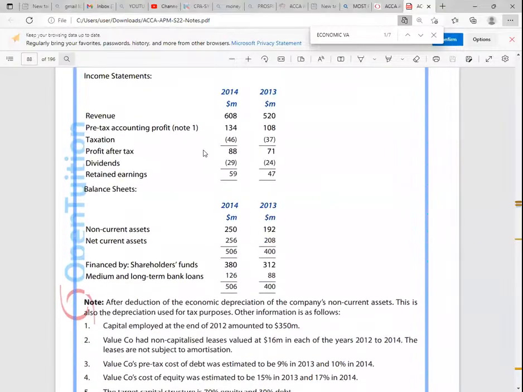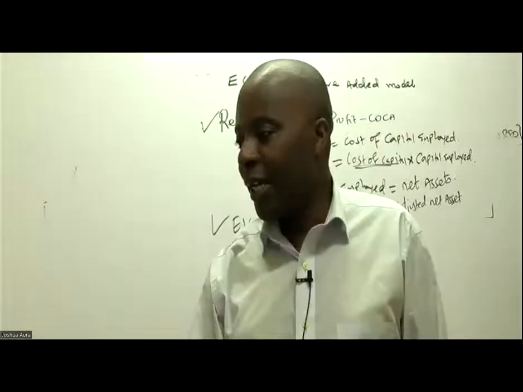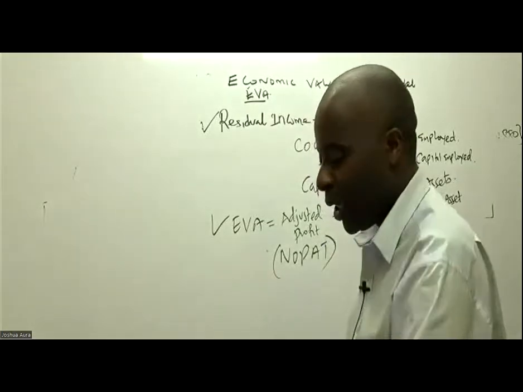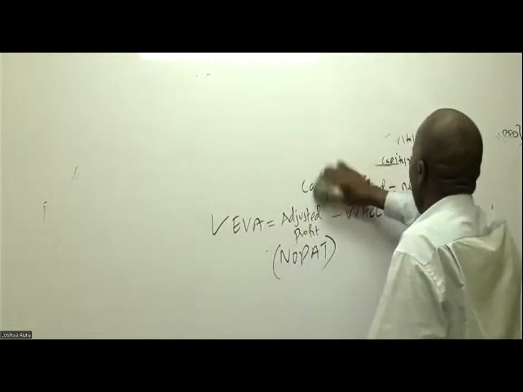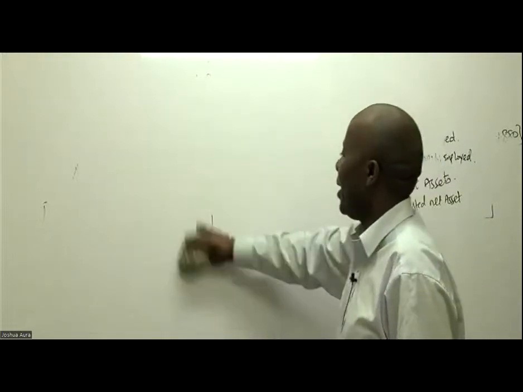I'm giving you exactly 5 minutes, and I would want to share this book with you during those 5 minutes. The key thing here is for us to get the adjusted profit.